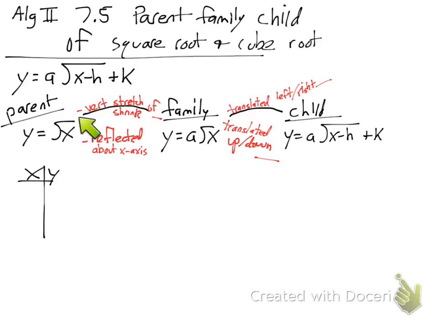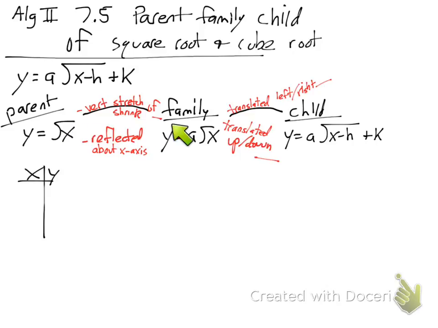And the first layer is the family of graphs. And the family of graphs for a square root graph are ones that look exactly like a square root, not moved anywhere, but we're going to bring back the a value. And the a value is multiplied to the square root, which is multiplied to this graph over here.